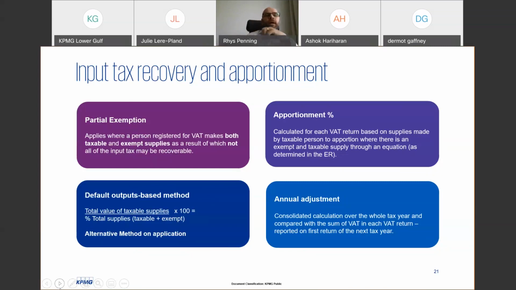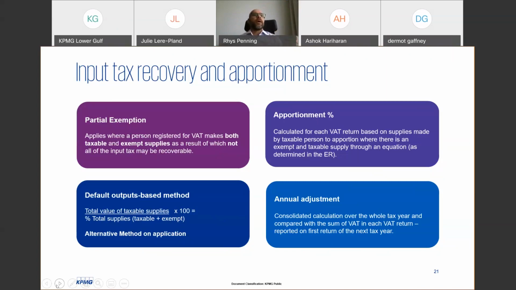Now, Article 58 sets out a default method for doing that apportionment. You'll see it there in the bottom left-hand corner of the slide. It's what we call an outputs-based method, and it says claim as a proportion of these costs the value of your taxable supplies over the total of all of your supplies, taxable and exempt.